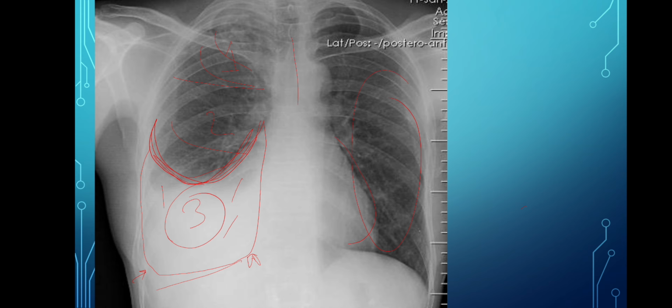Left-sided lung field is normal. So this is the clear-cut diagnosis of right-sided moderate pleural effusion or empyema thoracis or hydrothorax. The white is due to fluid, and there are three differential diagnoses: either pleural effusion, hemothorax, or empyema thoracis.